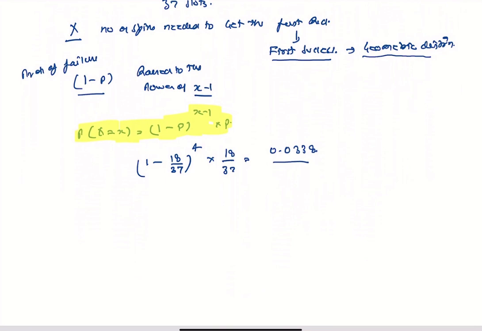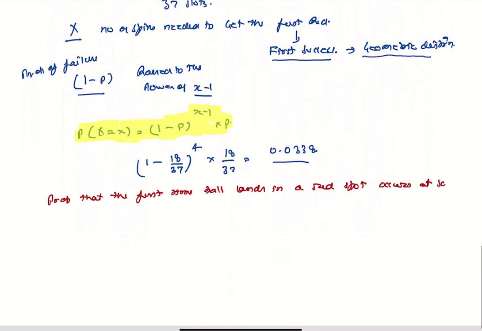Now we can also ask the question: what is the probability that the first time the ball lands in a red spot occurs at some point after the 6th spin?